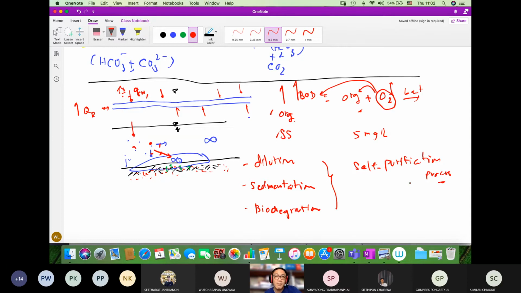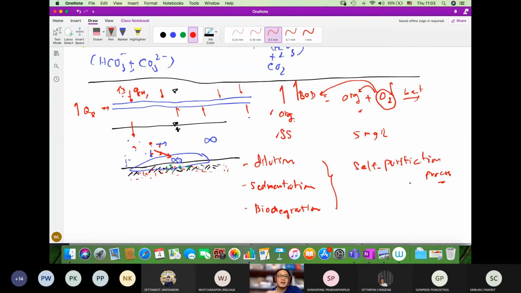These three are the major self-purification mechanisms. So this is how the stream will assimilate the waste. They have their own capacities to assimilate the waste.